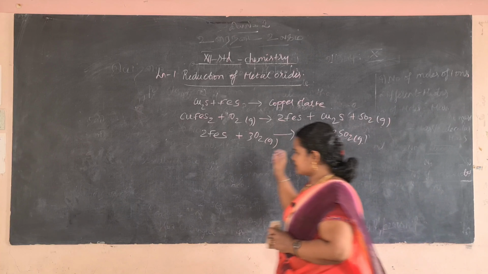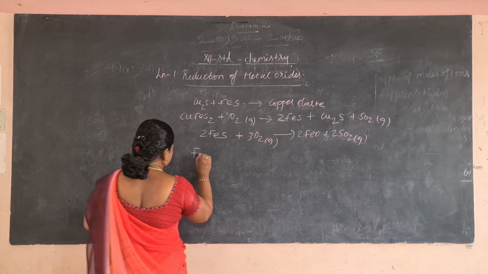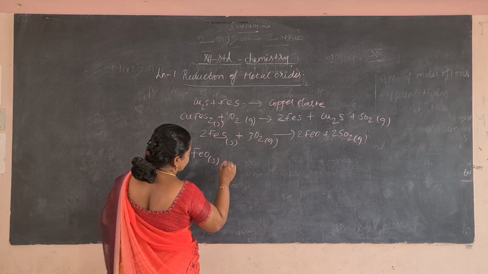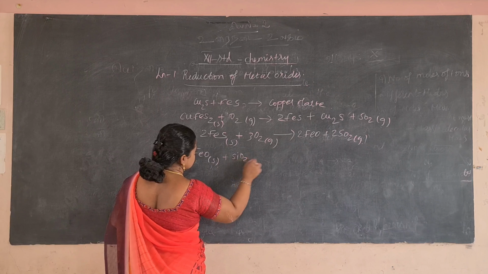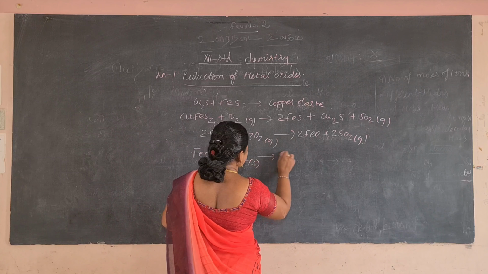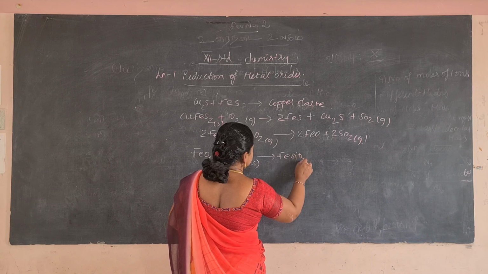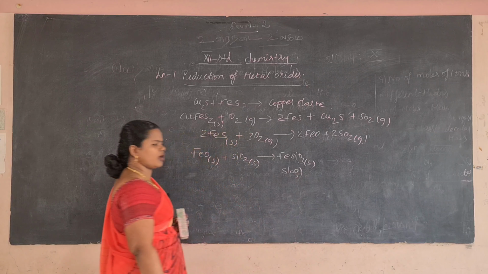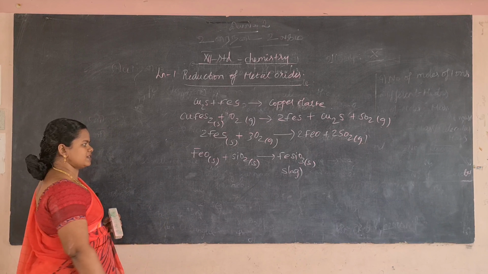Then this iron oxide reacts with silicon dioxide and forms FeSiO3. It is a slag, that is a waste product obtained at the end of the extraction.